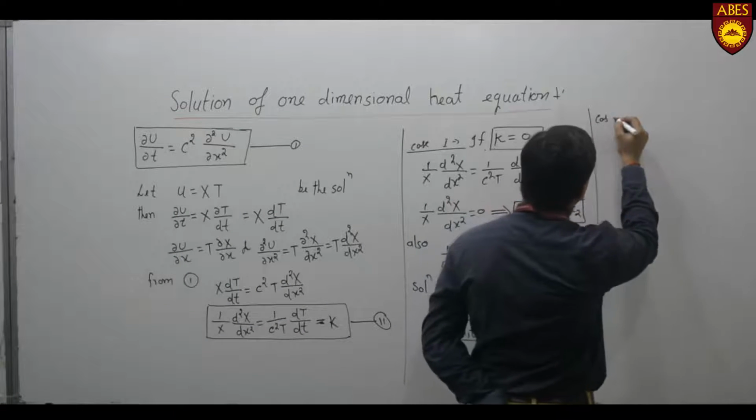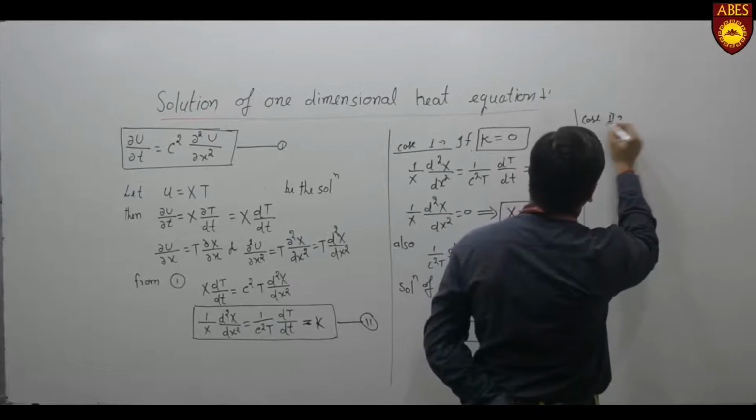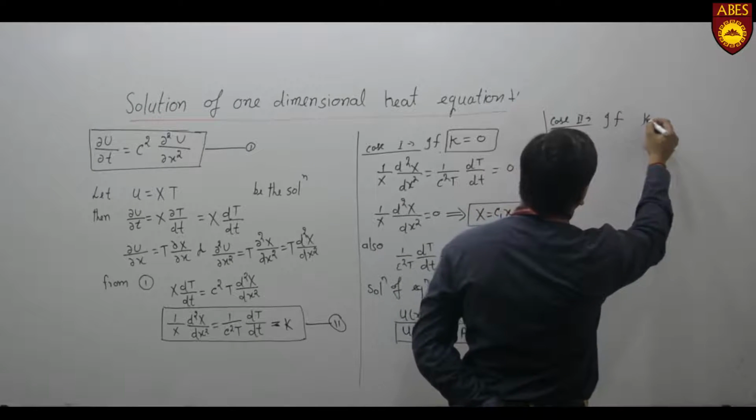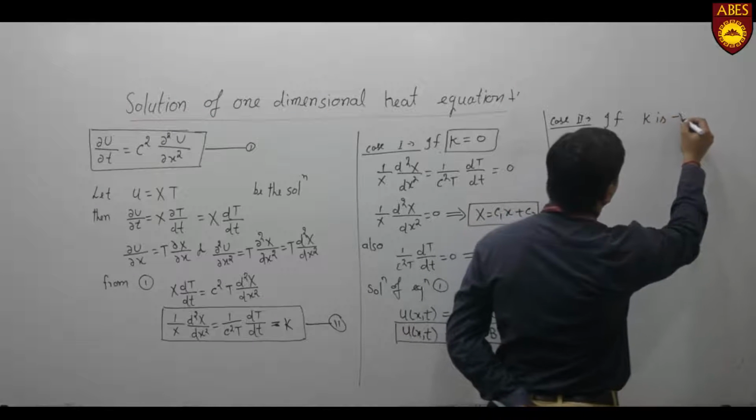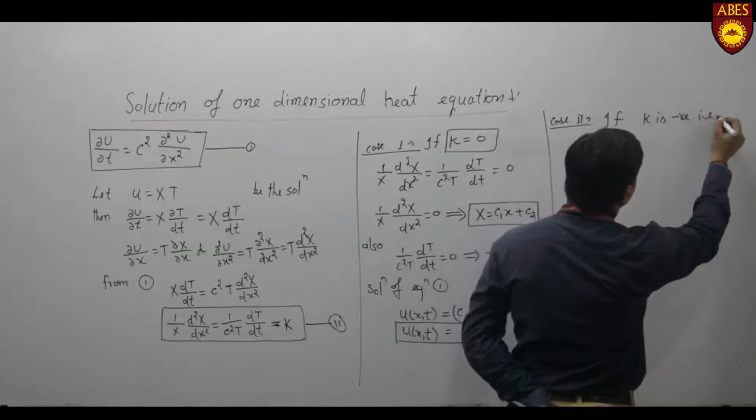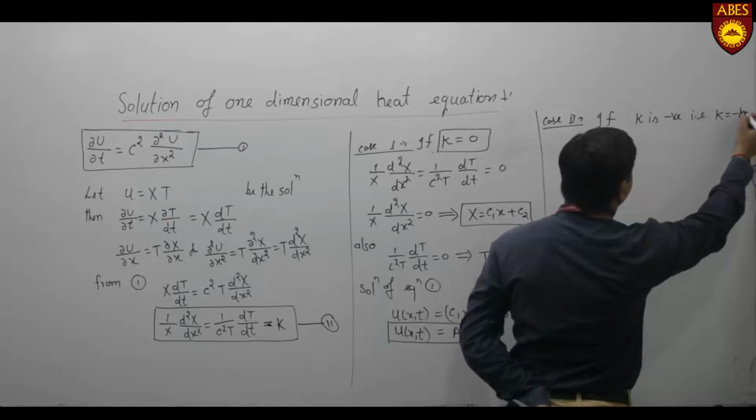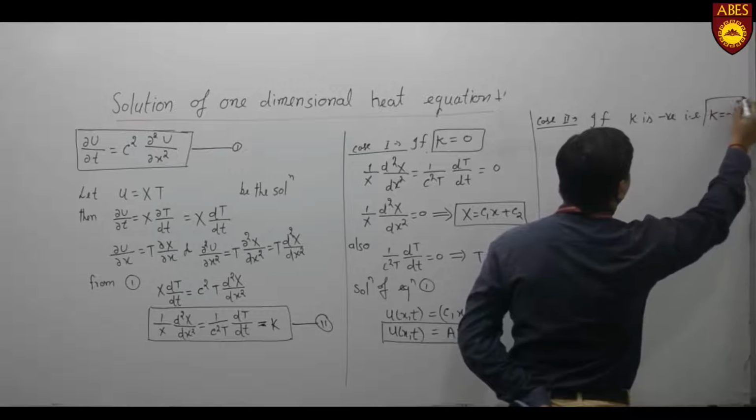Again, case number 2. If k is negative, we may take k = -p².